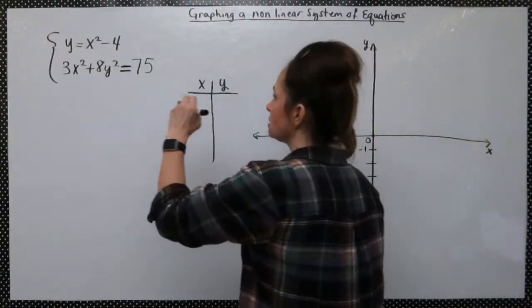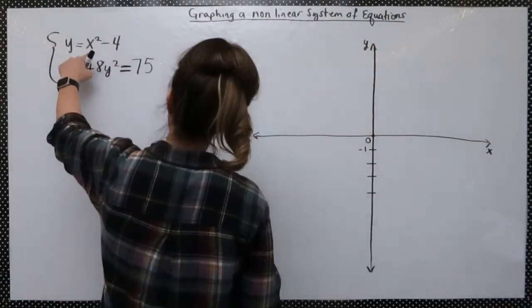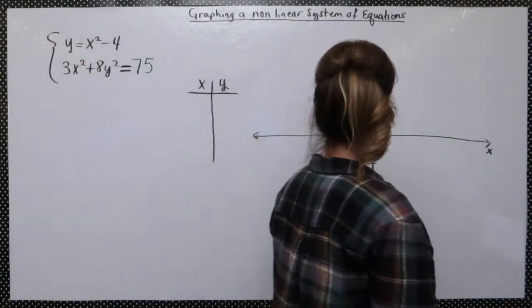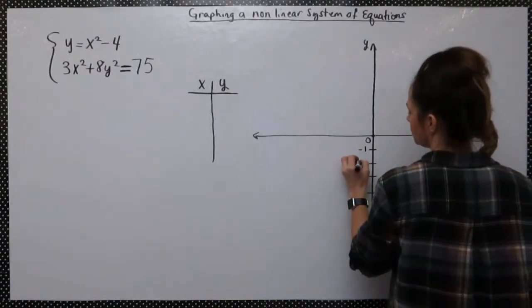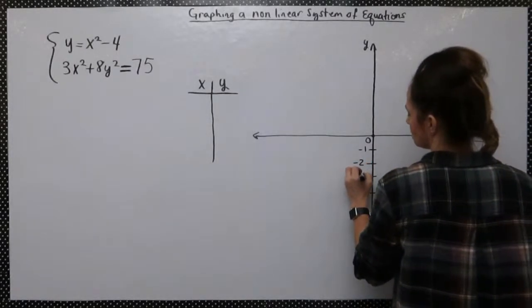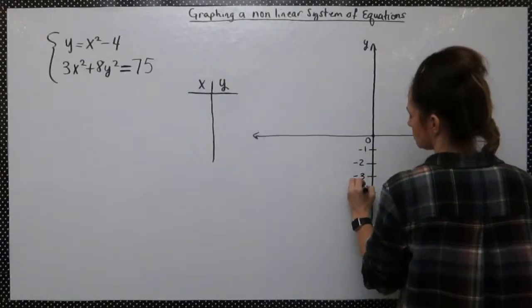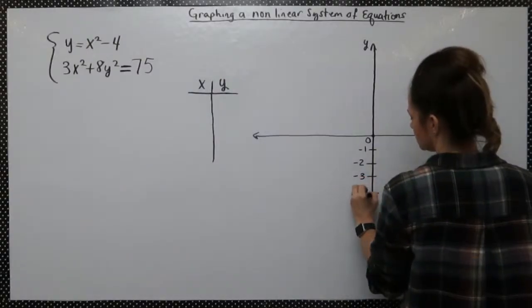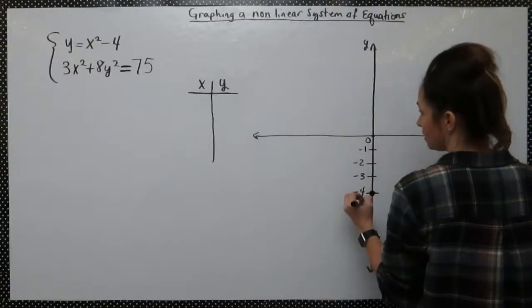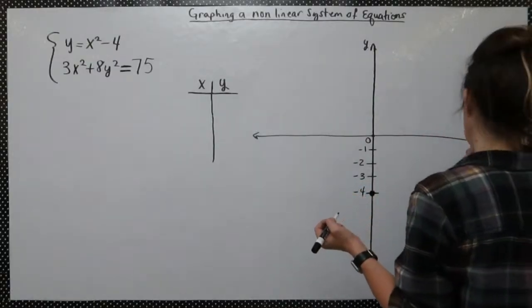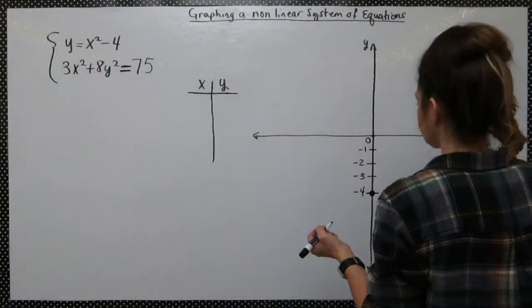Because that's what this -4 value is doing. It's taking the basic general graph with no other transformations involved and shifting it down 4 units. So I have this y-intercept. It happens to be the minimum value of my graph.